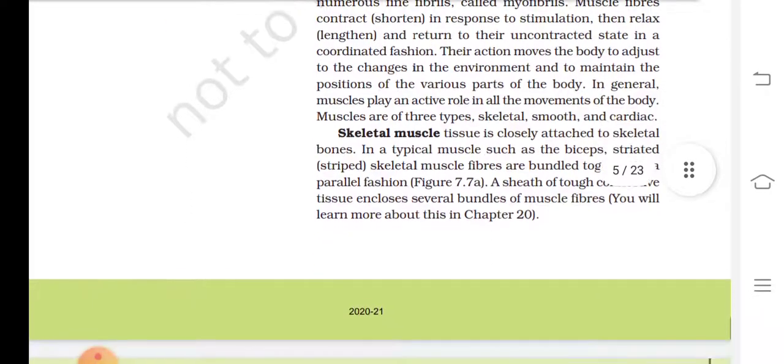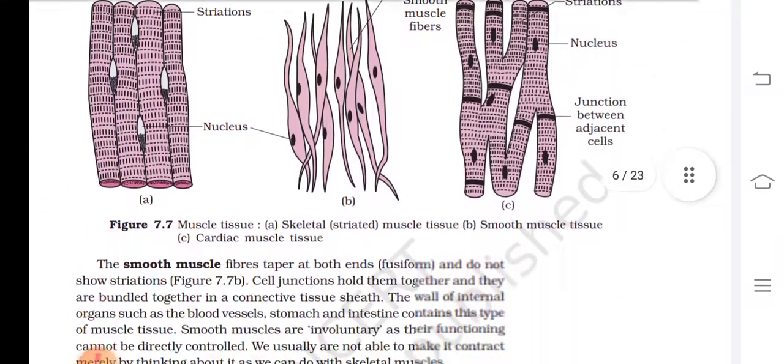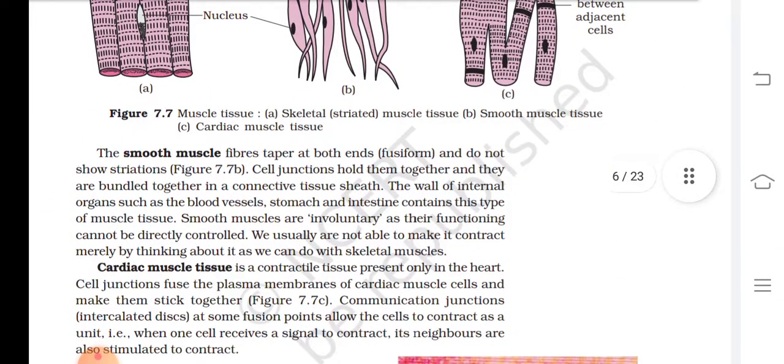You will learn more about this in chapter 20. In the smooth muscles, fibers taper at both ends, that is called fusiform, and do not show striations. Cell junctions hold them together and they are bundled together in a connective tissue sheath. The walls of internal organs such as the blood vessels, stomach, and intestine contain this type of muscle tissue.